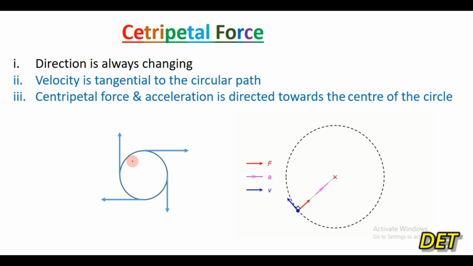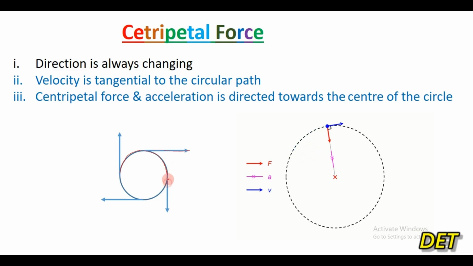So this is depicted there. As the object is moving around, there is a tendency for it to move towards this direction. But because the centripetal force is there, it will pull it again so that it can maintain its circular motion.